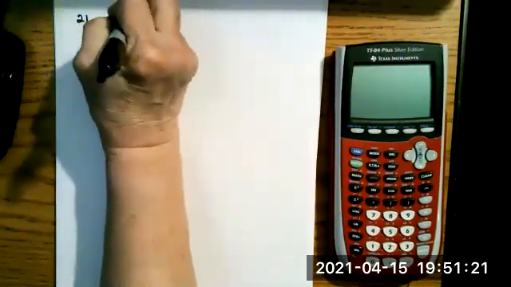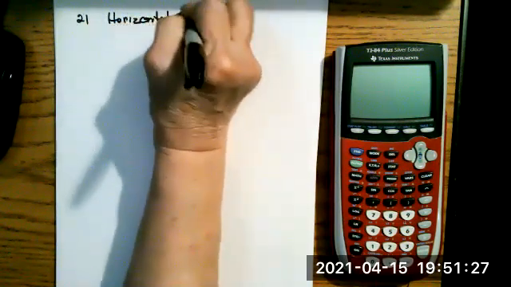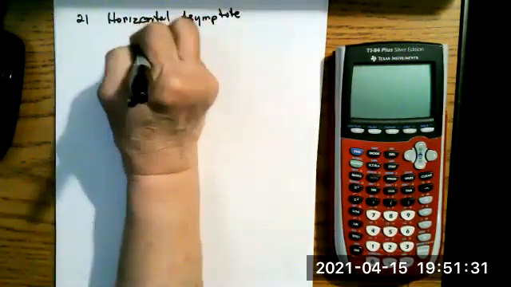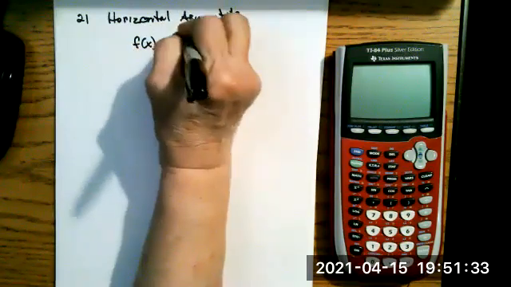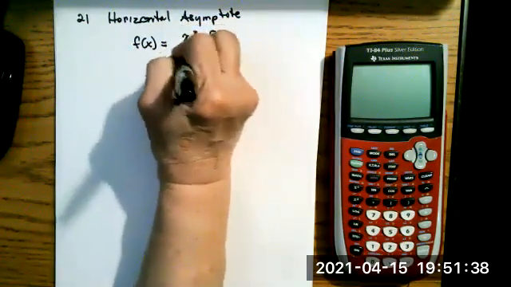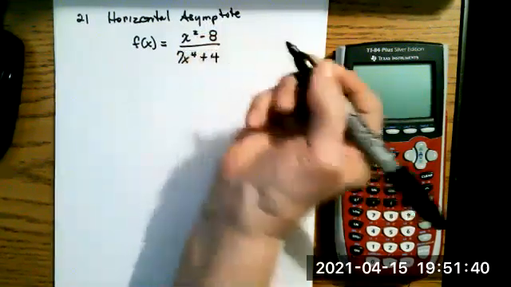This time we want the horizontal asymptote. We have f of x equals x squared minus 8 over 7x to the 4th plus 4.